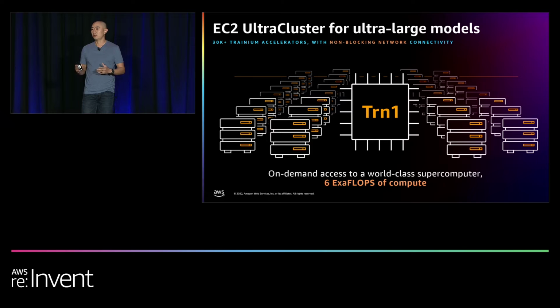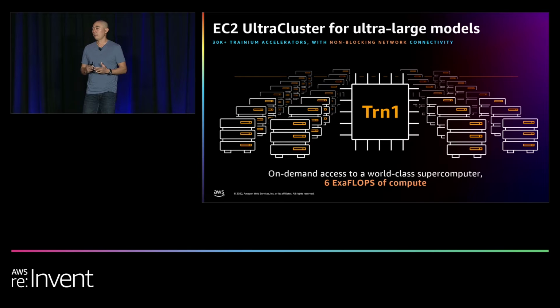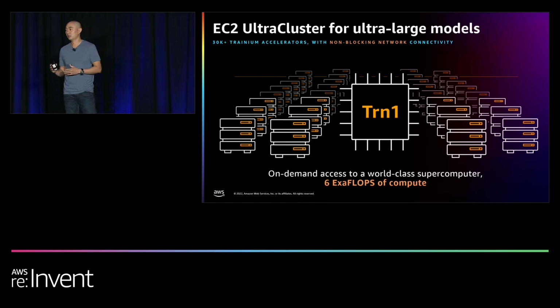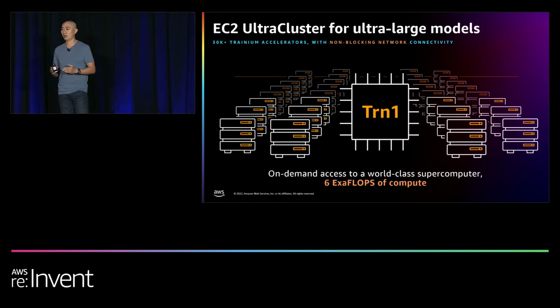These enabled us to build even bigger UltraClusters by putting more accelerators into those big data centers. We can actually put more than 30,000 chips into one UltraCluster, and that adds up to 6 exaflops of compute. That's indeed supercompute capability on demand. So you can build your own UltraCluster and scale up and down based on your need, on demand.